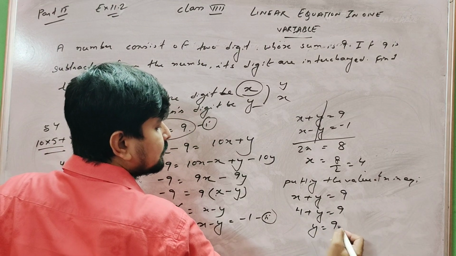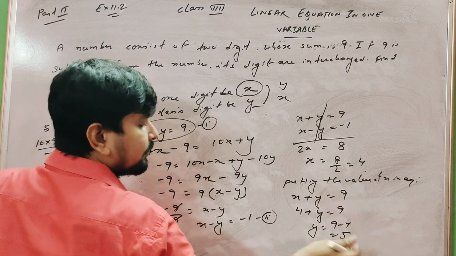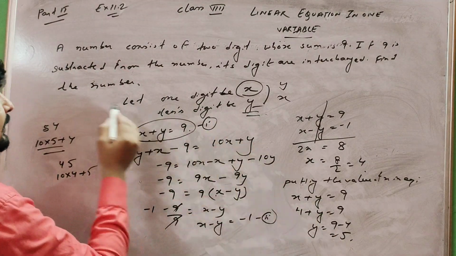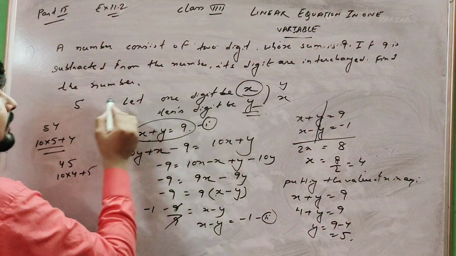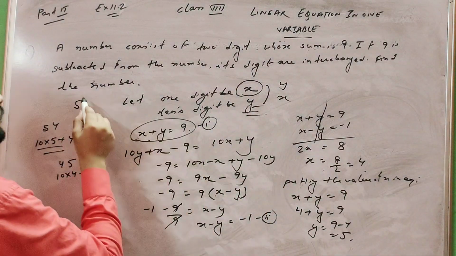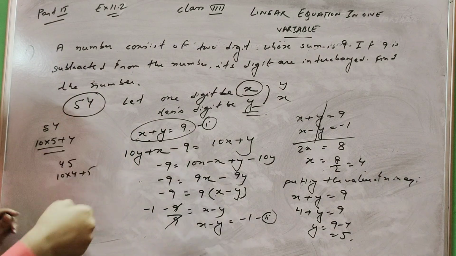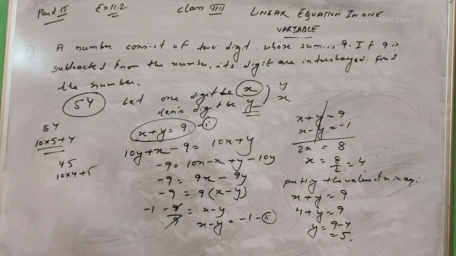So y equals 9 minus 4, that is 5. So taking y in the tens place, that is 5, and x is 4. So the number is 54. When we subtract 9, it gets reversed, giving 45.